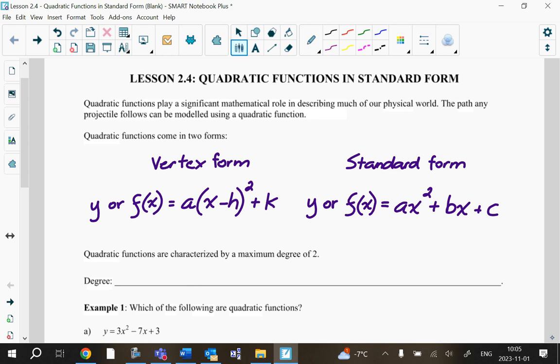You can't read the vertex off of standard form. So that makes it more challenging to graph. However, we can switch from standard form to vertex form using some algebra. If it looks like this, we can make it look like this using algebra, which is sort of the main focus of this lesson.